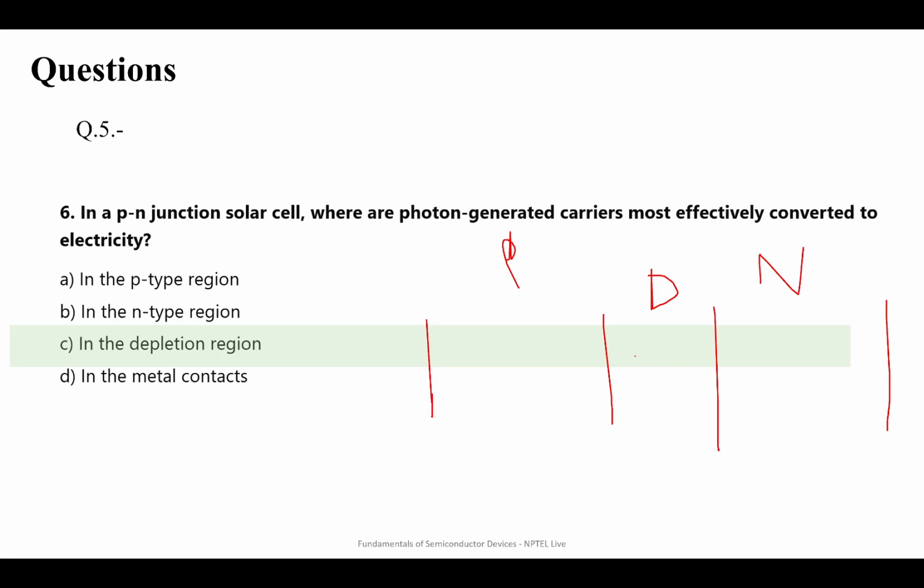So what will happen is, if I generate an electron and hole here, they won't go anywhere, they will stay here because there's no electric field here. But there's an electric field here, right? This region has a built-in electric field. So if I generate an electron and hole here, my electron will go this side and my hole will go this side.